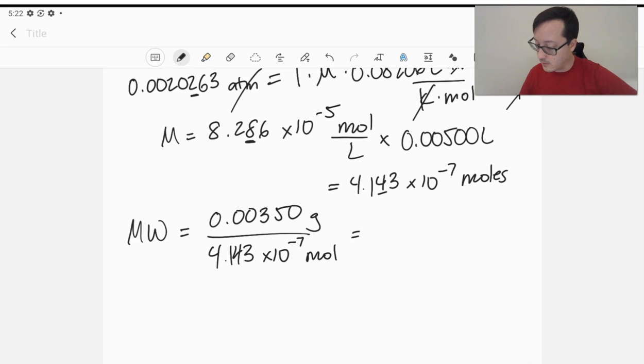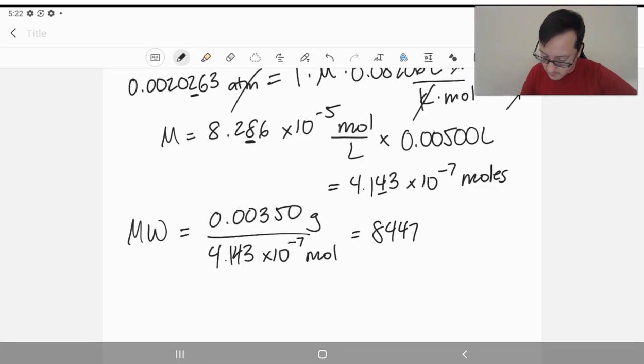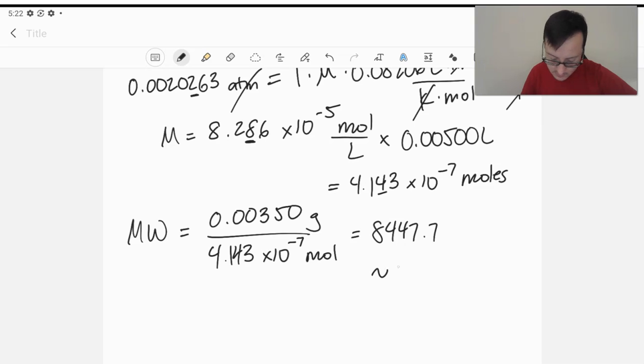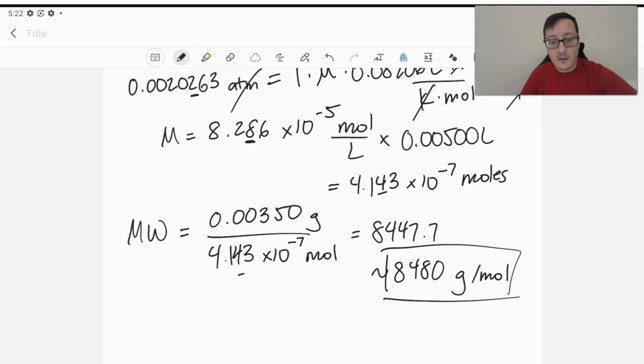So let's go ahead and do this. 0.0035 divided by our previous answer gives us 8,447.7, which we will round to 3 sig figs, 8,450 grams per mole. So it's actually a pretty small protein. 8 kilodaltons, that's not very big.